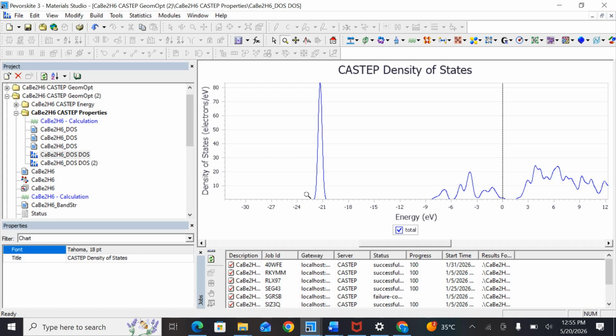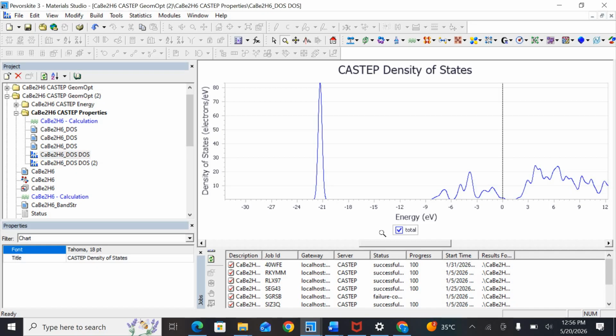Then we use DOS to confirm the band gap and to analyze orbital contribution and electronic density near the Fermi level. Finally, in materials like hydrogen storage systems and perovskites, this analysis becomes very important because the electronic structure directly affects the adsorption behavior, charge transfer, and stability of the systems.